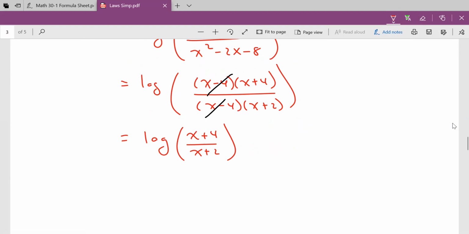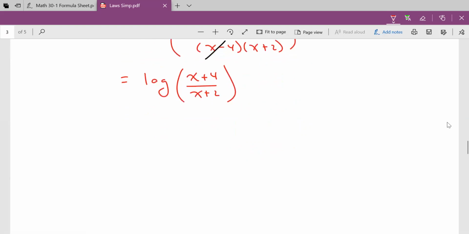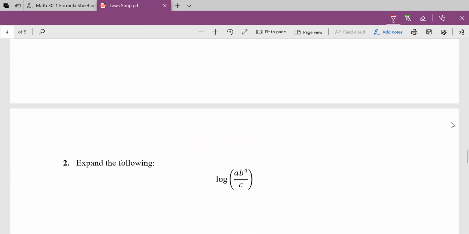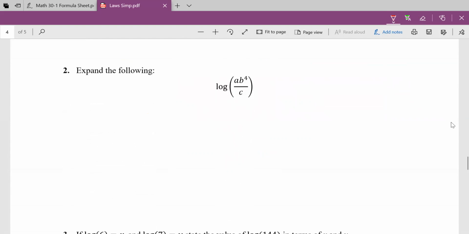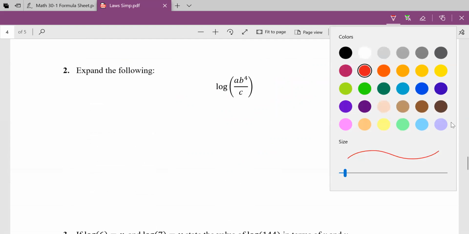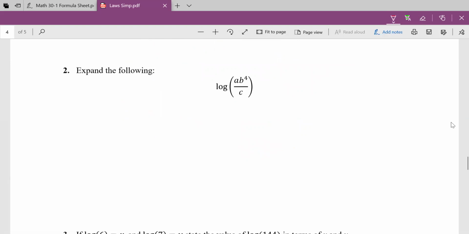There it is. So there's simplification, which, in terms of math and what we're trying to do, is usually what we want to do. But on occasion, you're going to get a question like this, where it's going to ask us to expand. Okay, no big deal. What I say to myself is when something's being multiplied together, that means when I expand it, they will be added.